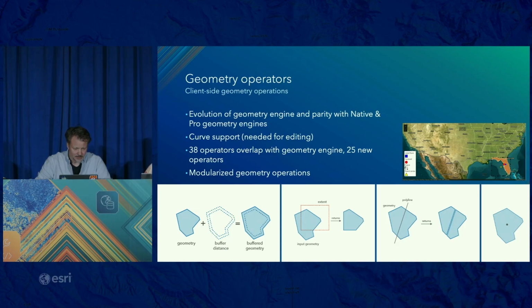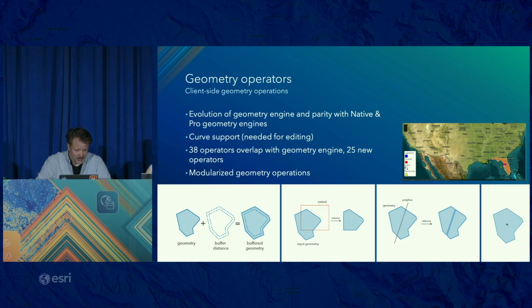One of the big advantages if you switch is that before, the Geometry Engine was downloaded as one big asset in the API. So even if you just use one of them, you downloaded the whole library of Geometry Engine operations. Now with the operators, you can pick specifically what you need and it will only download them.